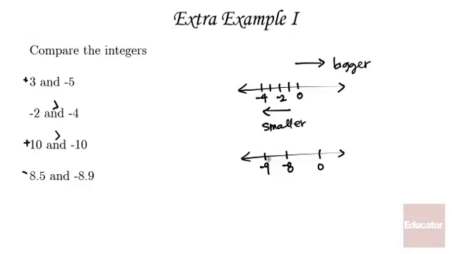So which one is closer to negative 9, and which one's closer to negative 8? Negative 8.5 would be right in the middle of negative 8 and negative 9, and negative 8.9 is very close to negative 9 right here, right? So negative 8.5 would be greater because it's closer to the right. It's on the bigger side. So this is going to be greater than negative 8.9.